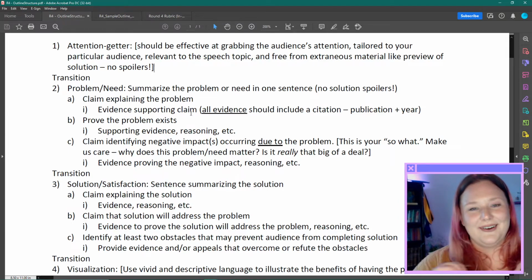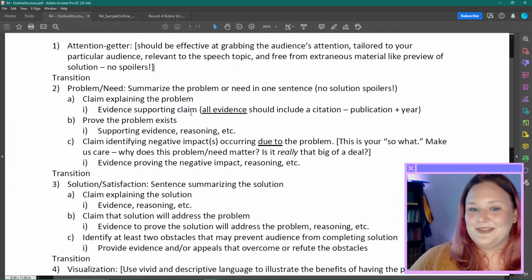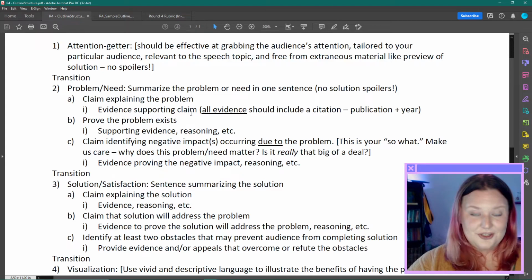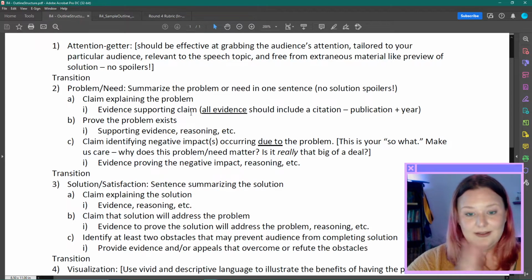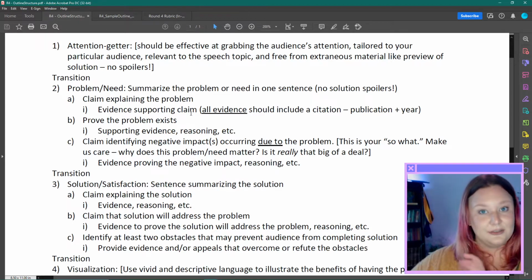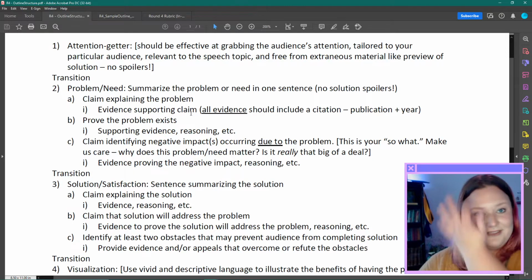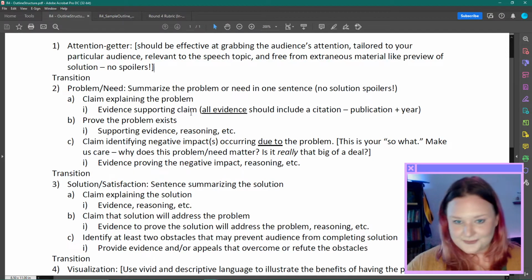That's how we are organizing this round's speech. Step 2 and step 3 make up the bulk of your speech. That is the problem and the need, and then the solution/satisfaction that you're proposing to us.